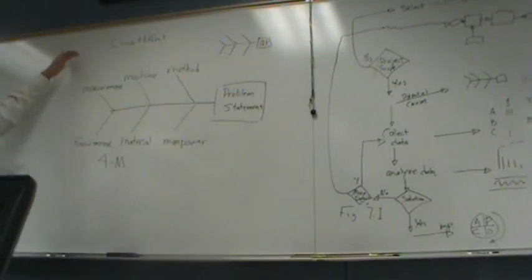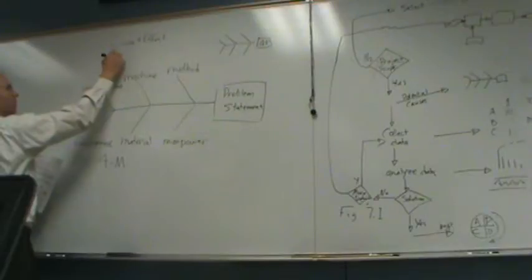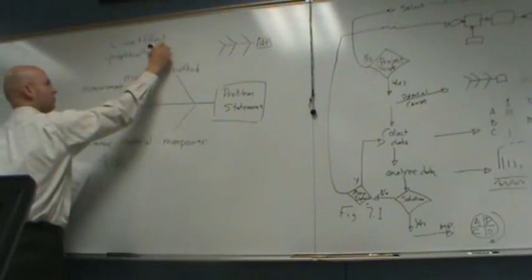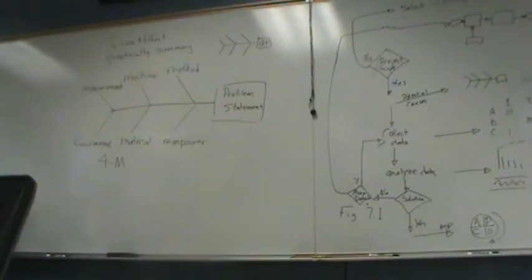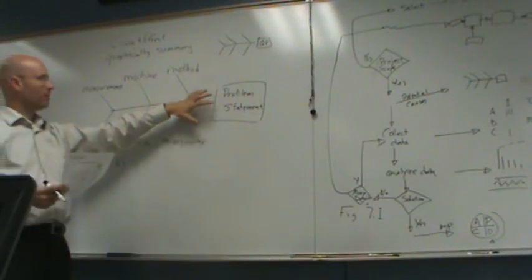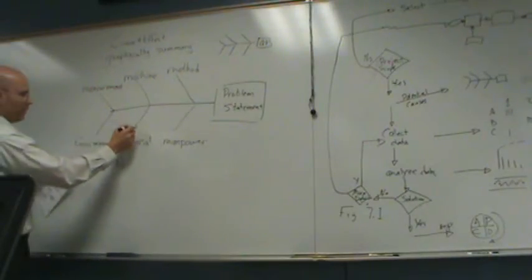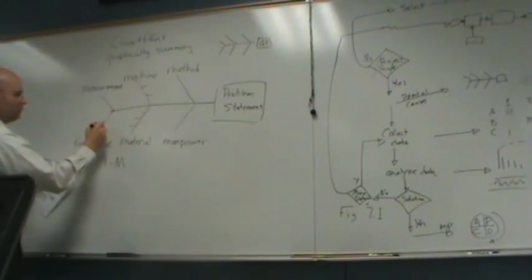So the goal of a cause-effect diagram is to, I'm going to call it, graphically summarize. So it's a way to break a problem statement into different sections. Recognize also you can break these into smaller subsections if you need to.